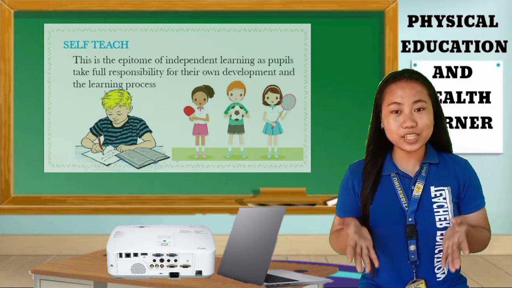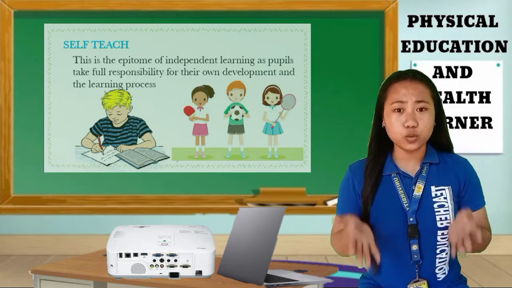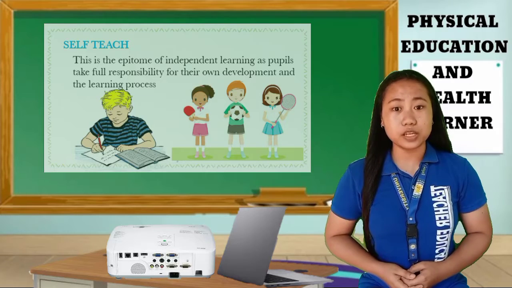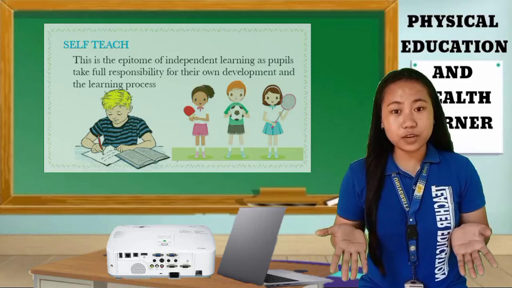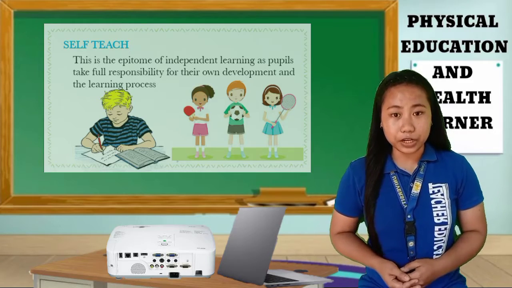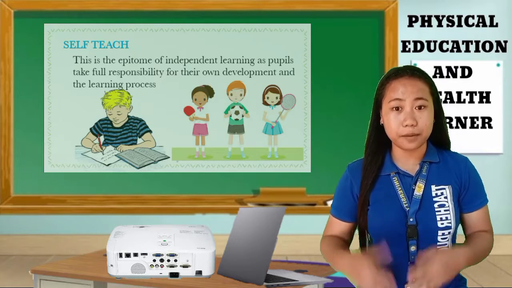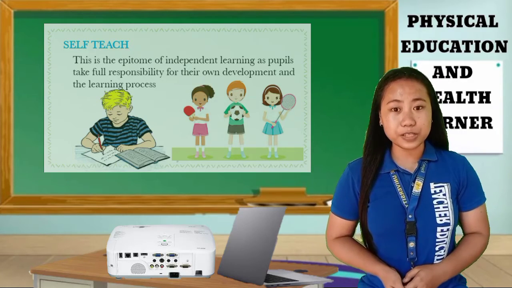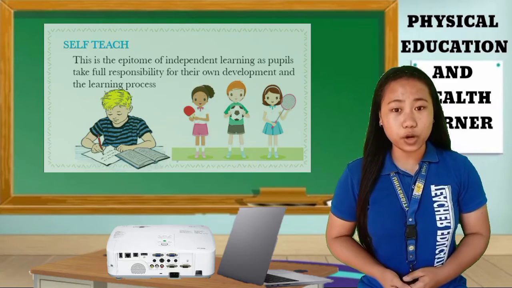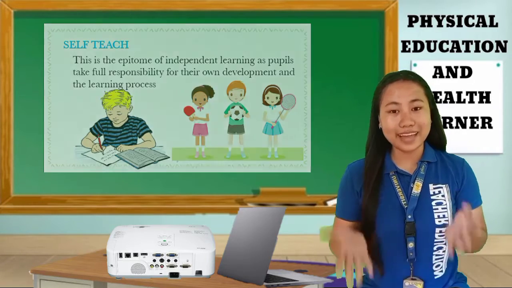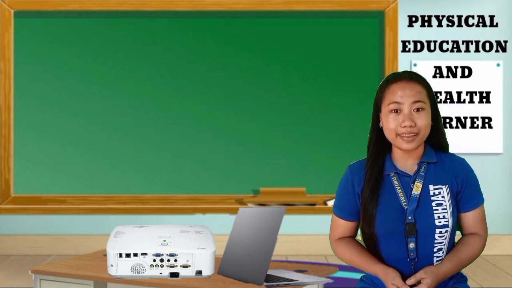So this teaching method is a good example of independent learning in which the students are the ones in control of their own learning process, especially for students that have different learning styles. For example, when teaching the students some sports like badminton or other kinds of dances, we're just going to guide them to learn on their own learning process. And that is the 11 teaching methods in physical education and health teaching.